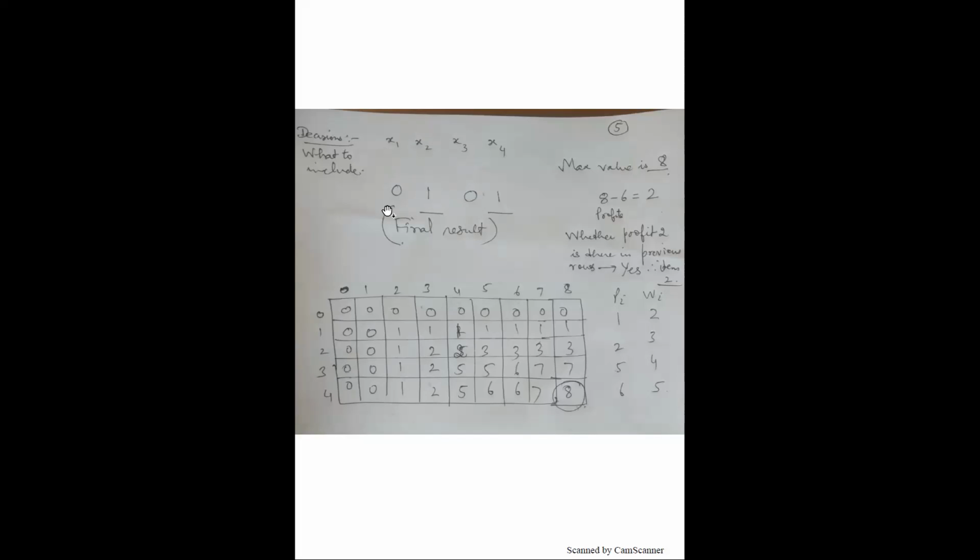So what is the final result? If you select item 2 and item 4, you get an optimized result with a profit value of 8, and these items are to be selected. That's what the 0-1 knapsack problem is, and that's how this knapsack problem can be solved.